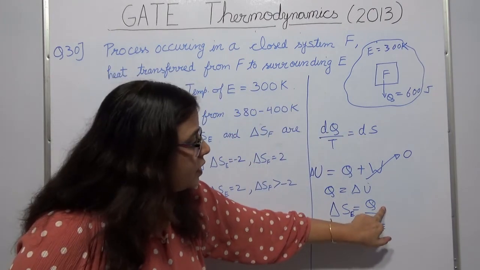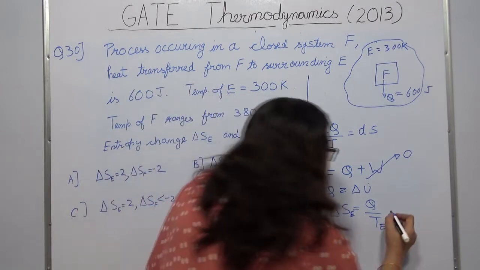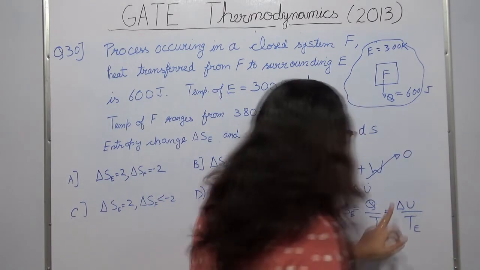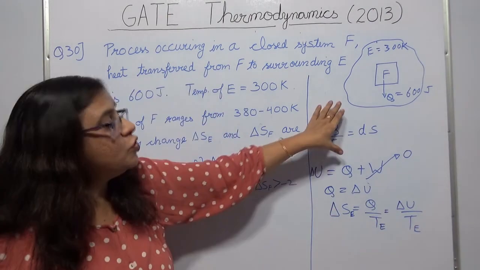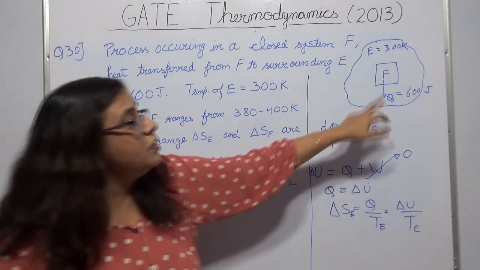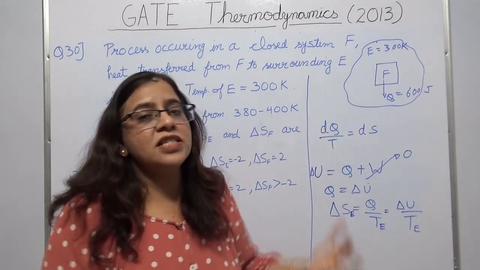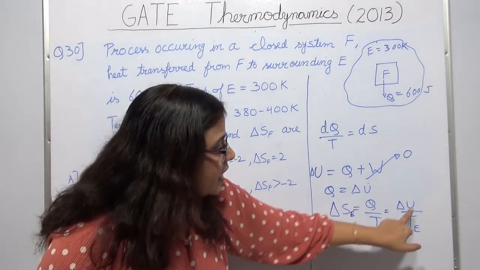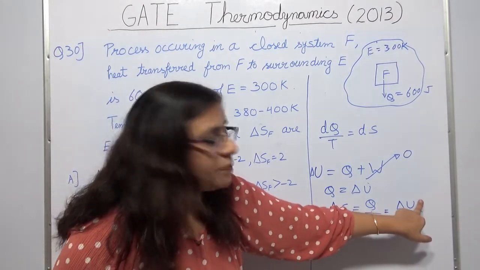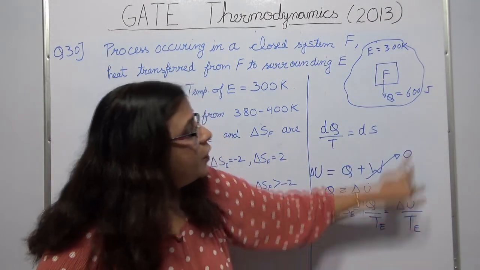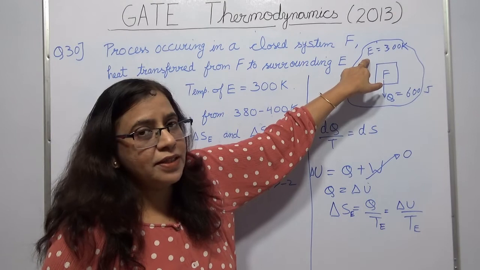Okay, but Q is now equal to delta U, which is a state function. So I can still use this equation. So for thermal reservoirs, you can still use this equation whether the process which is taking place is reversible or irreversible. Okay, so in that case, what is your Q, or for that matter your delta U, that is equal to 600. So 600 divided by the temperature of the environment, that is 300.